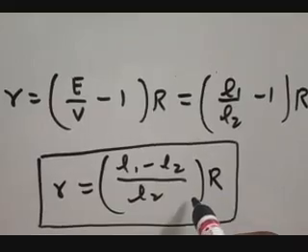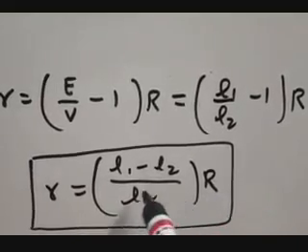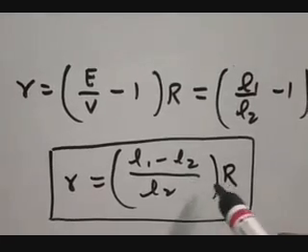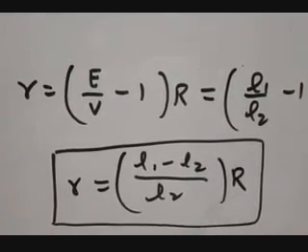So by using this formula we can easily find the internal resistance of a primary cell using a potentiometer.